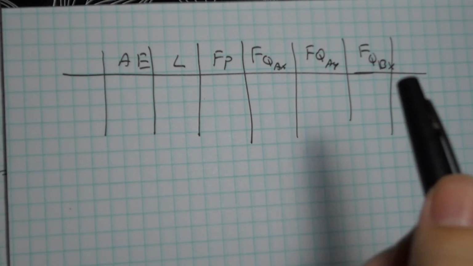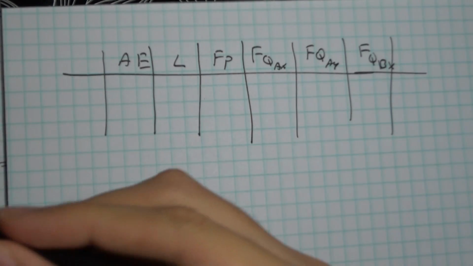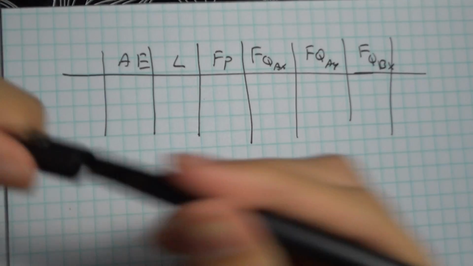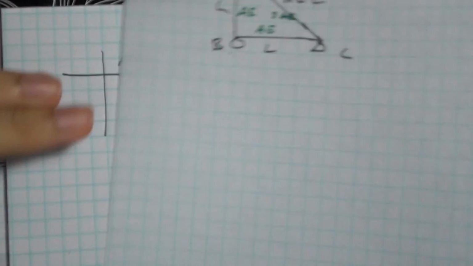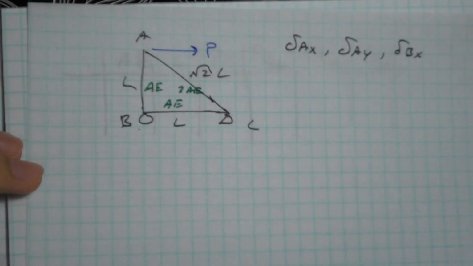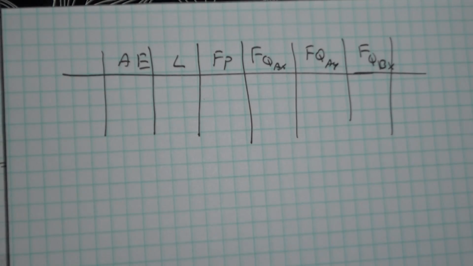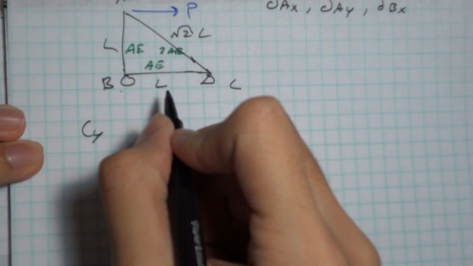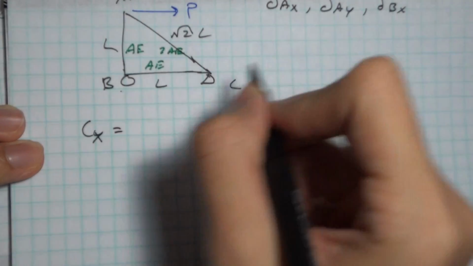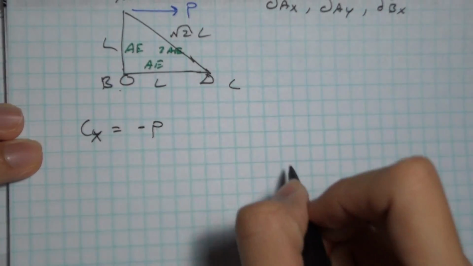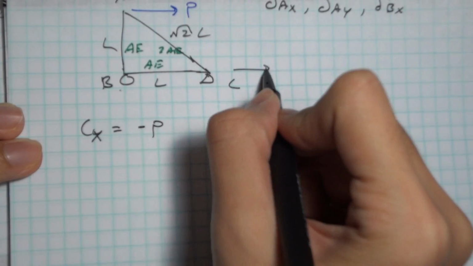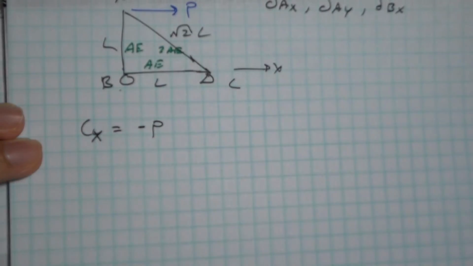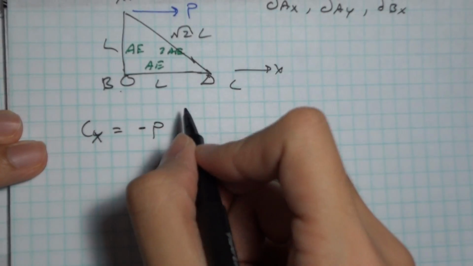Now let's start calculating the forces. Right away I can see that my CX is just going to be negative P, assuming my X direction is positive to the right.